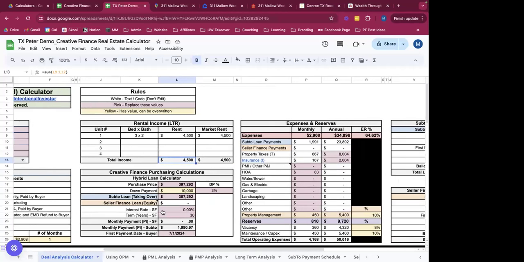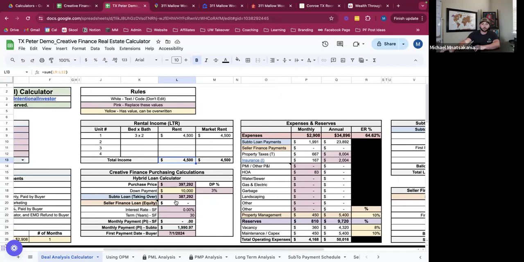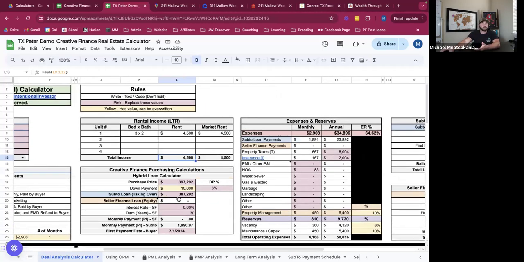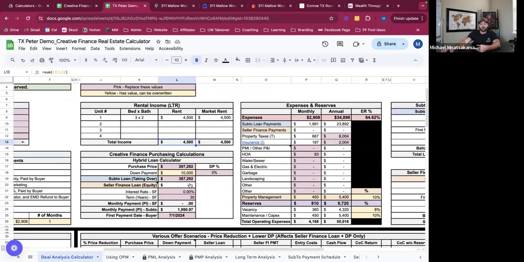You can talk about, first of all, the actual purchase price, right? That's kind of the standard. But you can talk about the interest rate, the amortization. Maybe instead of 30 years, you do 50 years. You stretch out your payments even longer. Maybe you do installment payments where you pay them at the end of each year. You pay them a fixed amount. There's various ways that you can negotiate with seller finance that you just cannot with sub 2. That's why I like seller finance.